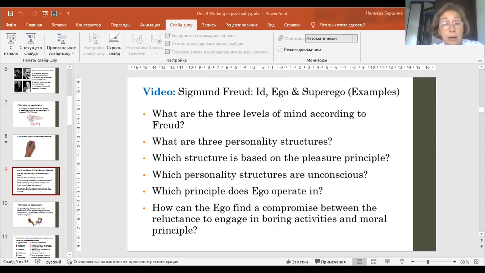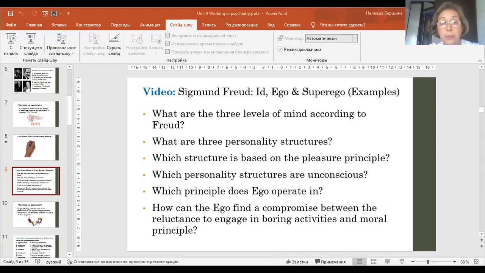Which of them are unconscious? Like there's something that we do not control. Who can help us? Is it id, ego, or super ego? Is it ID? Id is unconscious, and also super ego is partly conscious, partly unconscious, right?